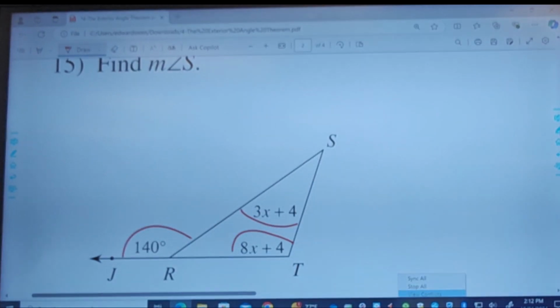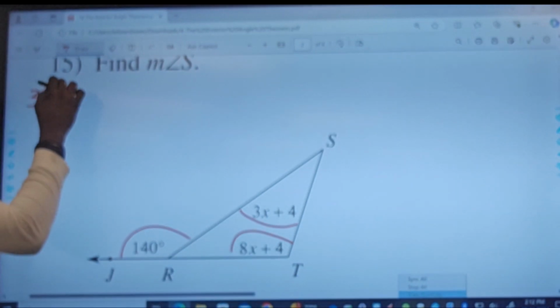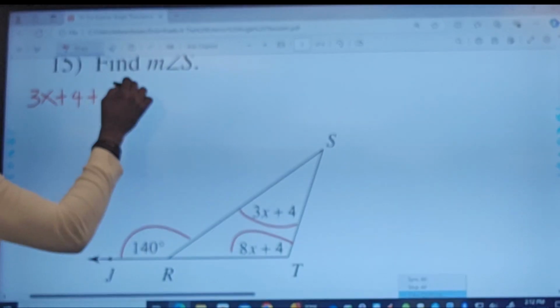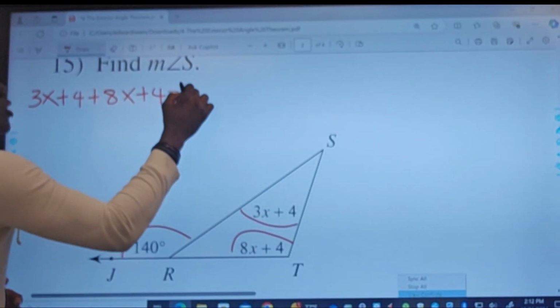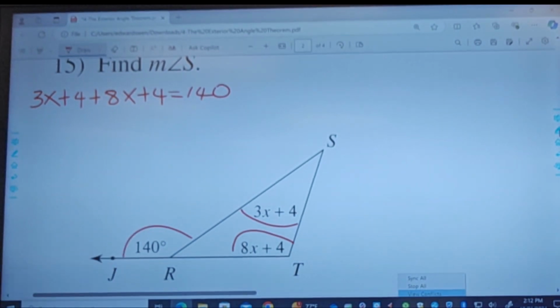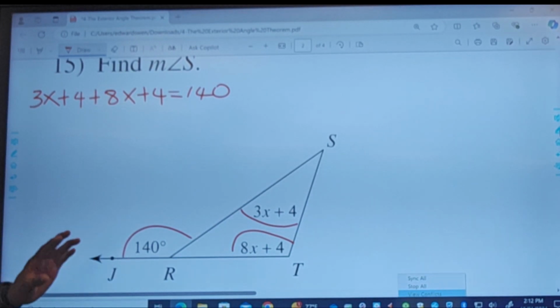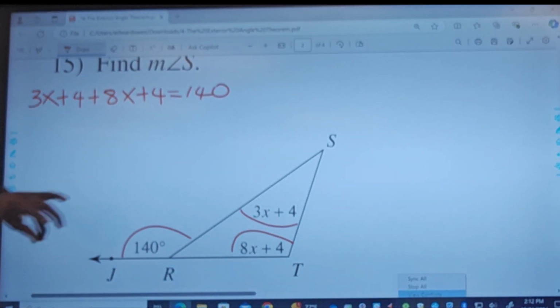So that means I'm going to set up 3x plus 4 plus 8x plus 4, and this is equal to 140. So 3x plus 4 plus 8x plus 4 is 140. Right? My remote interior angles, the sum of those give the exterior.